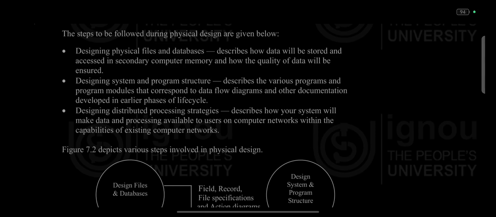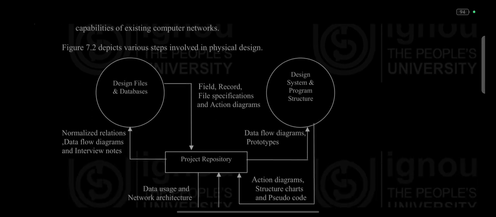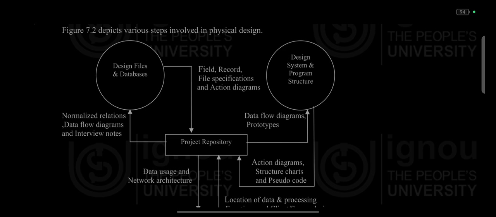Designing distributed processing strategies describes how your system will make data and processing available to users on computer networks within the capabilities of existing computer networks.